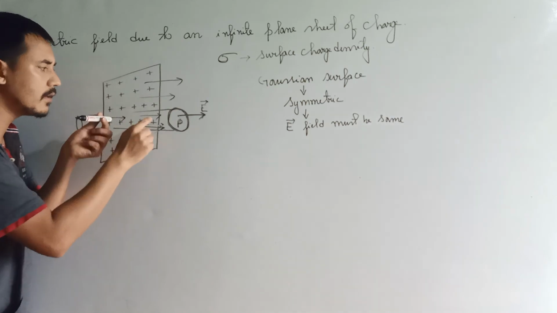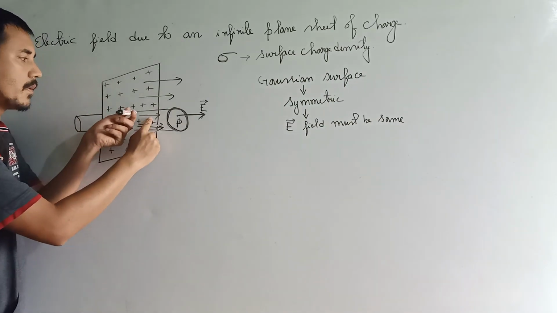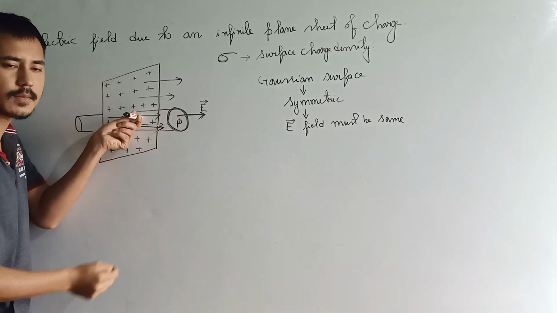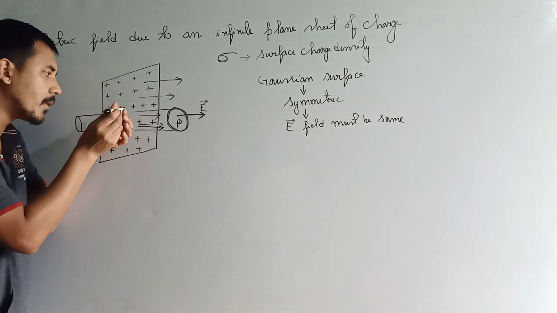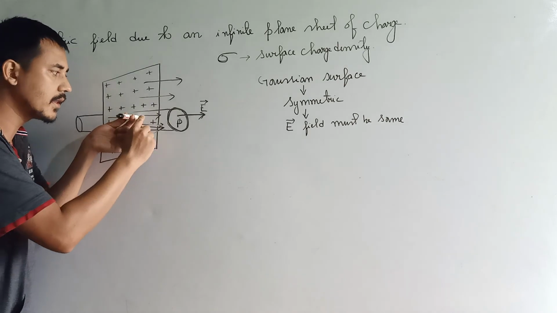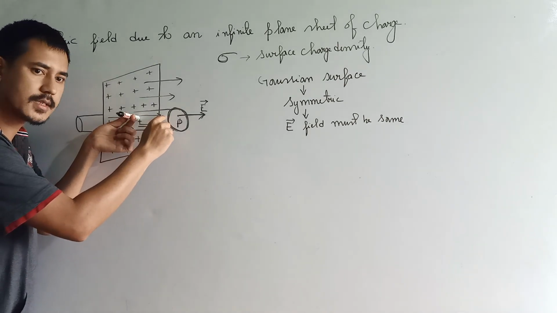So the area vector and the electric field are perpendicular to each other. The angle between them is 90 degrees here.